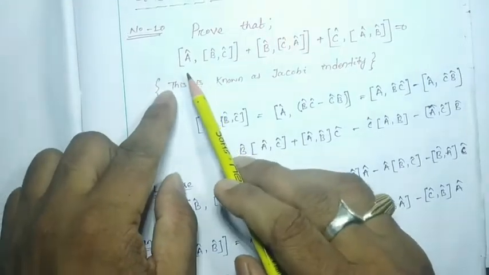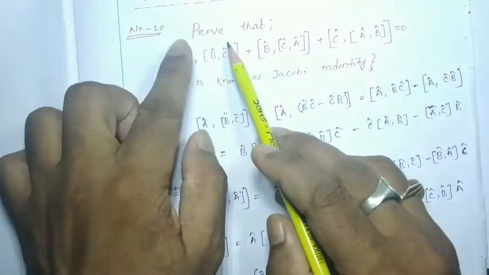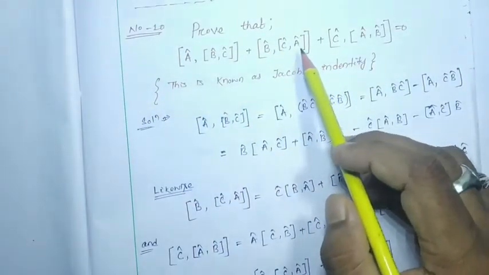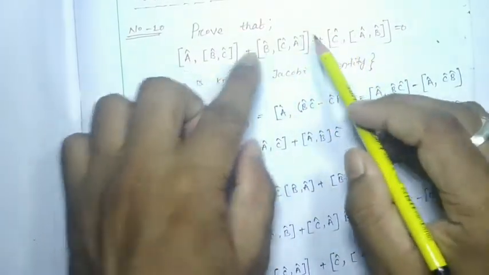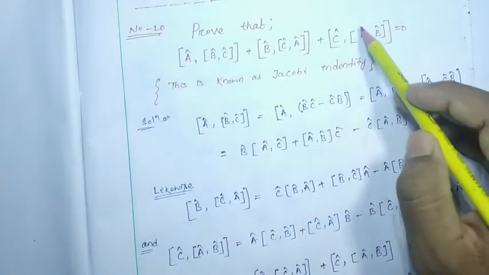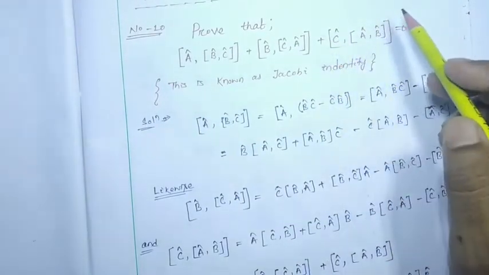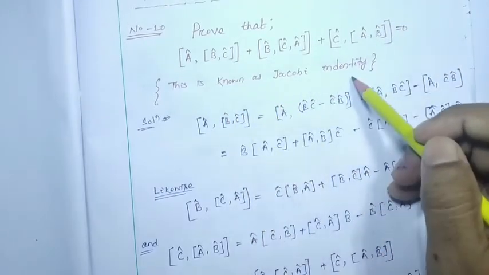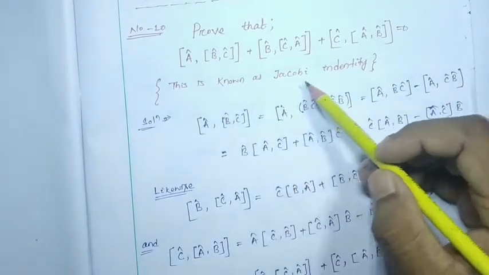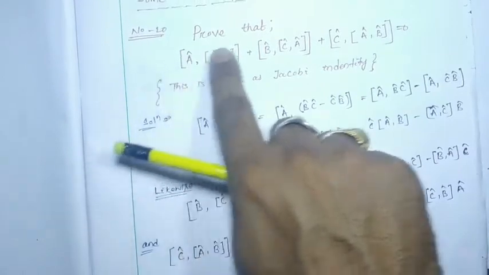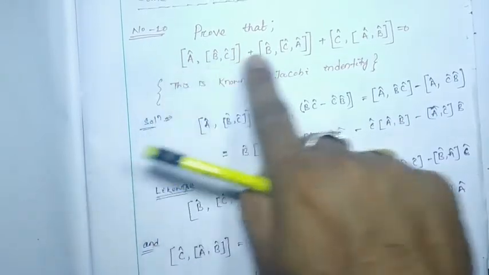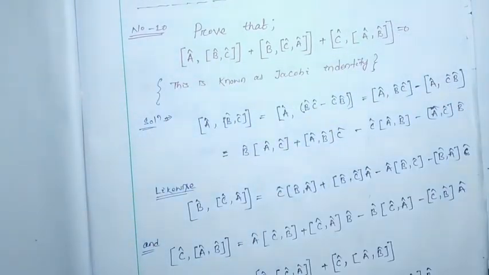That is, a cap b cap c cap commutation, whole commutation, plus b cap c cap a cap commutation, whole commutation, plus c cap a cap b cap commutation, whole commutation, should be 0, and this is known as the Jacobi identity. Sometimes the question will be asked as verify the Jacobi identity. So you have to remember this statement and solve accordingly.